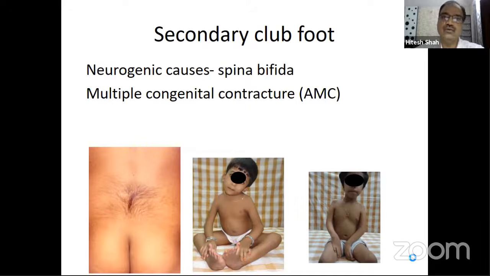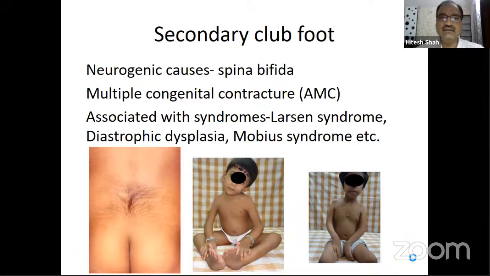Congenital clubfoot is also commonly associated with arthrogryposis multiplex congenita, or the more recent name, multiple congenital contracture. If one of the secondary causes like spina bifida or arthrogryposis multiplex congenita is there, the result of the manipulation would be different from idiopathic clubfoot. So it is better to identify it before beginning treatment.